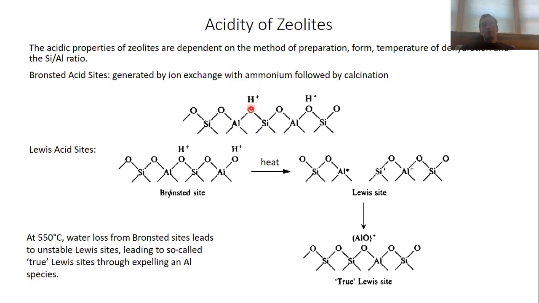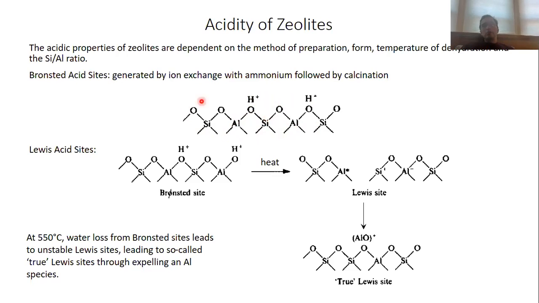In another view, we can also say that the electronegativity difference between oxygen and aluminum is greater than the electronegativity difference between oxygen and silicon. Therefore, this bond here will be more polar than this bond here. So this oxygen here will actually be more basic in comparison to an oxygen that bridges two silicon atoms. Therefore the H+ ions will coordinate preferentially to the oxide ions that are part of an aluminum-oxygen-silicon bridge and not of a silicon-oxygen-silicon bridge.